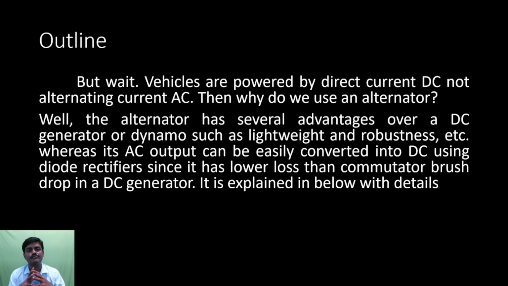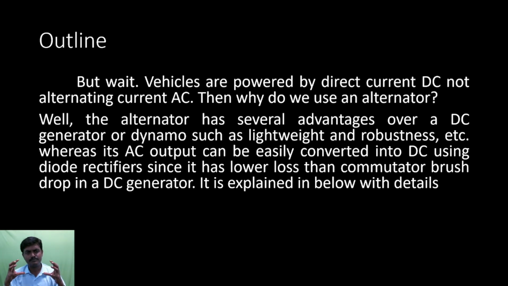That's why we go for generators. From the AC generator, we can convert the AC directly into DC by means of a rectifier circuit, quite easily. But for the conventional DC generator, we have the commutator.